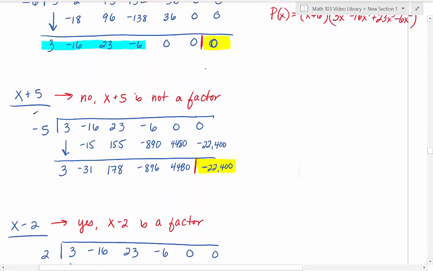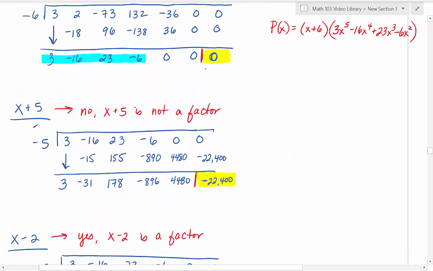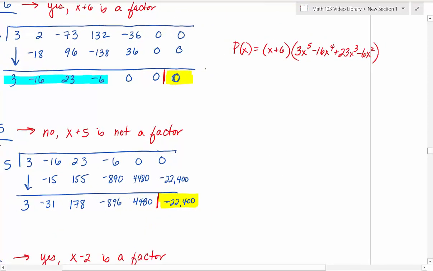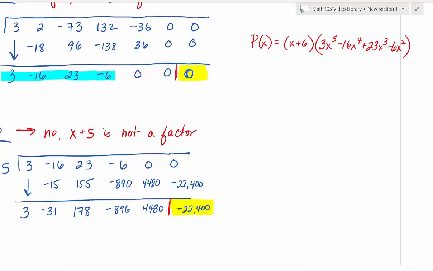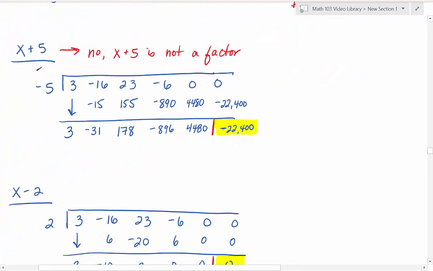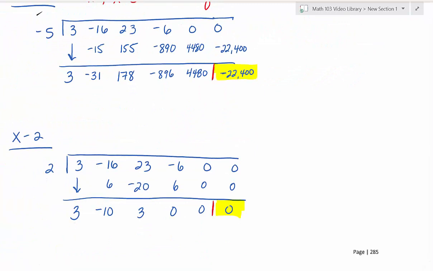We're going to use the fact that x minus 2 is a factor of this 5th degree polynomial to factor it further. P of x can be factored then into x plus 6 times x minus 2 times another factor, and that other factor is the quotient that we got when we divided by x minus 2.